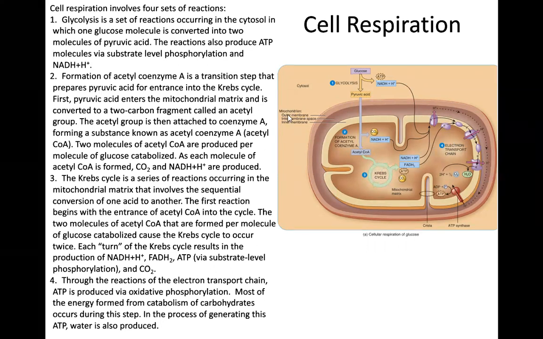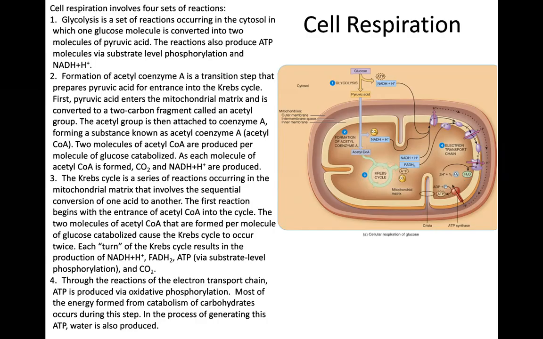Remember, mitochondria are described as the powerhouse of the cell, and this is where the majority of our energy is formed. But not so much here; it's step 4, the electron transport chain, where the majority of our ATP is formed in a process called oxidative phosphorylation, which tells you oxygen is involved, hence the name oxidative. And we also form a little bit of water called metabolic water that I've talked about.